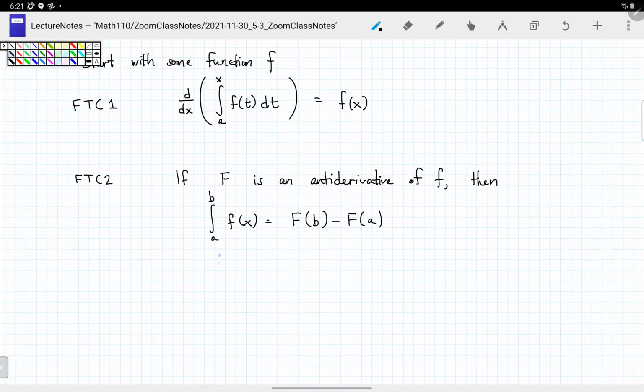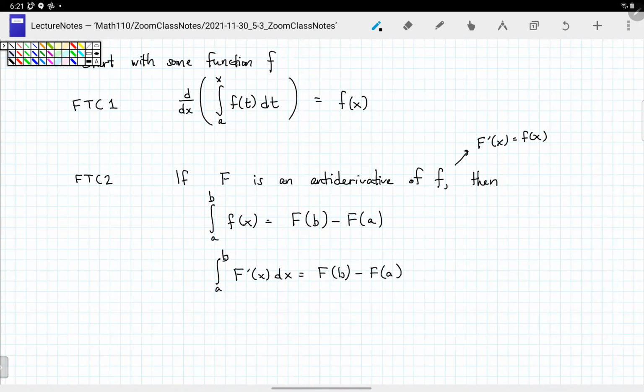Another way to say this is that capital F is an antiderivative of little f. That says capital F prime of x is equal to little f of x. So I can rewrite this as saying that the integral from a to b of capital F prime of x dx is capital F of b minus capital F of a.